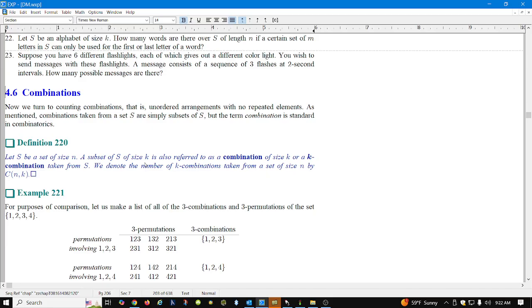Now, just to be clear, combinations are nothing more or less than subsets, but it's a term that is used most often in combinatorics. So I will use either the term combination or subset interchangeably.